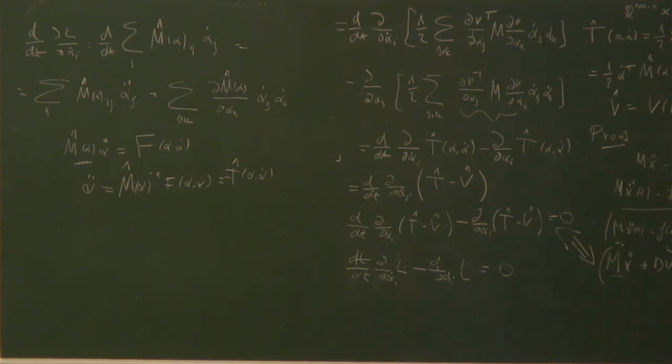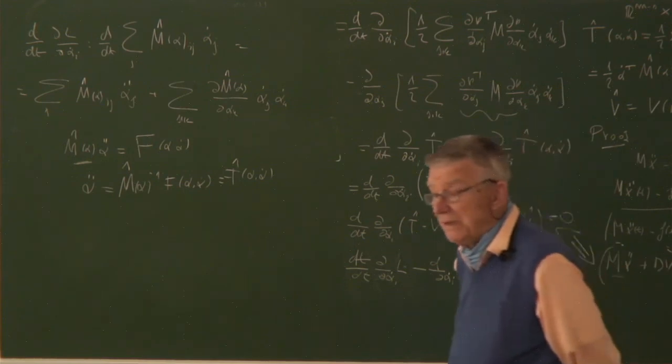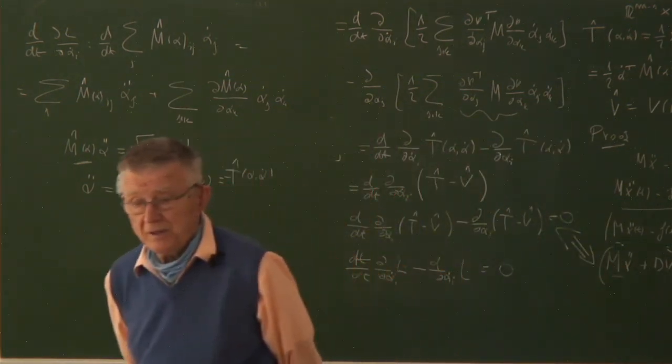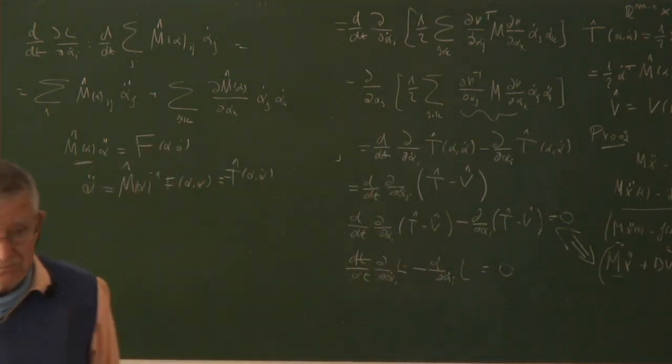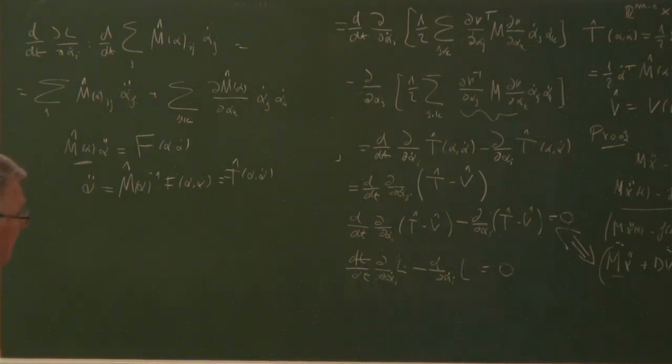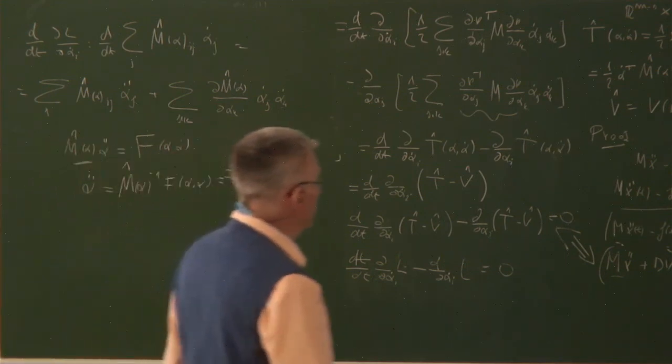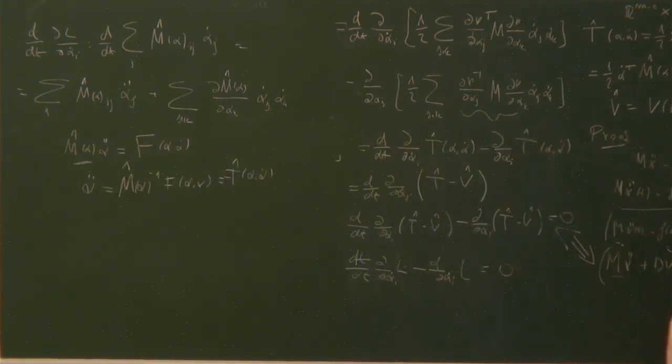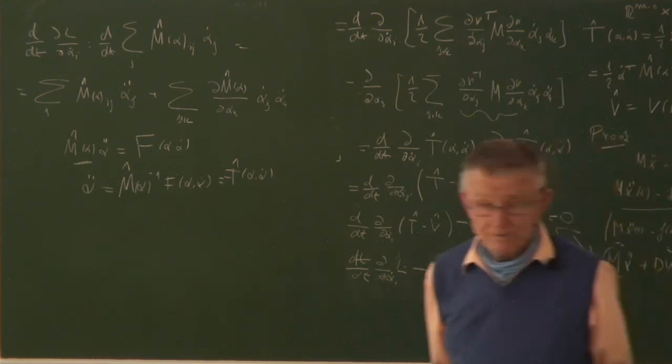M is a positive definite matrix, typically a diagonal matrix with positive diagonal elements. And now we have this expression here. This defines the matrix M hat as a function of alpha component-wise.